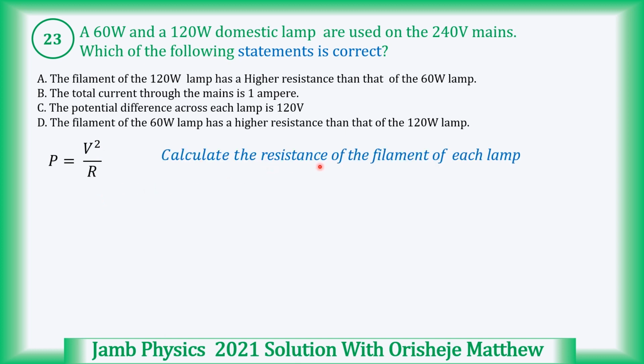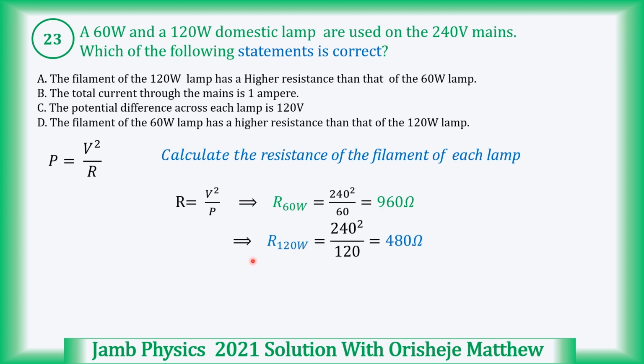So let's calculate the resistance, making R the subject of the formula. That becomes V squared divided by the power. The resistance across the 60 watt lamp is 960 ohm. Then the resistance of the 120 watt lamp gives me 480 ohm.